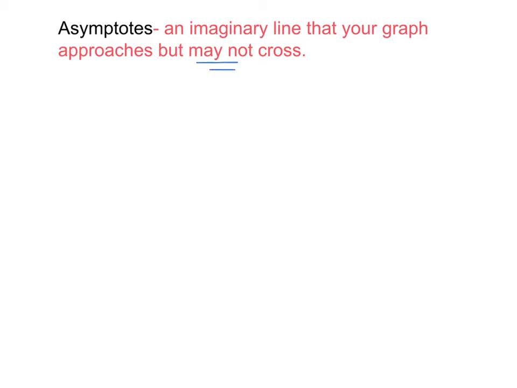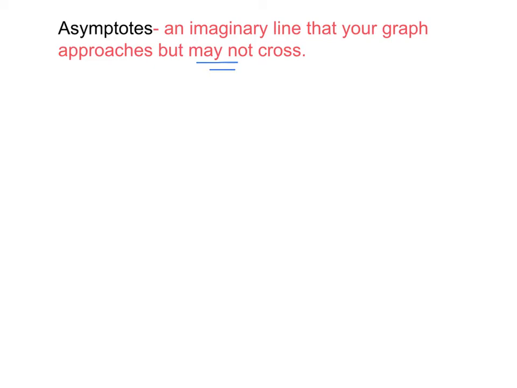Now, I want to draw you to the fact that it says may not cross. Like any good rule, there is an exception. And for this one, there is one exception to the rule, and we'll talk about it when we get there. It's with horizontal. But the majority of the time, you cannot cross.